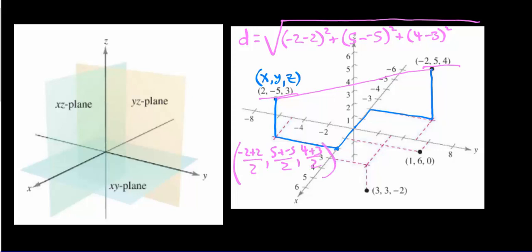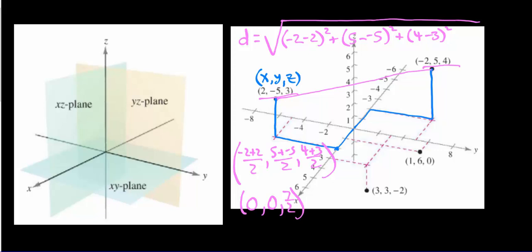I just get the average of each coordinate, and this is going to give me (0, 0, 7/2). That's the midpoint between these 2 points.